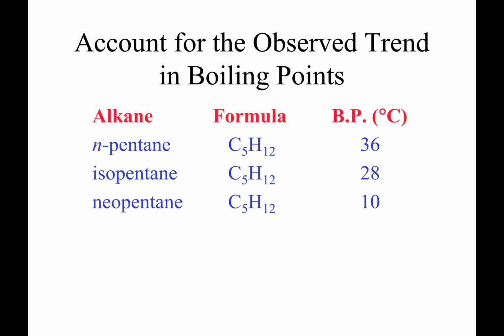Isopentane is kind of balled up. Neopentane is very balled up. And what we're going to see with the more balled up is that the boiling point temperature decreased. Decrease in boiling point temperature means less molecular bonds.